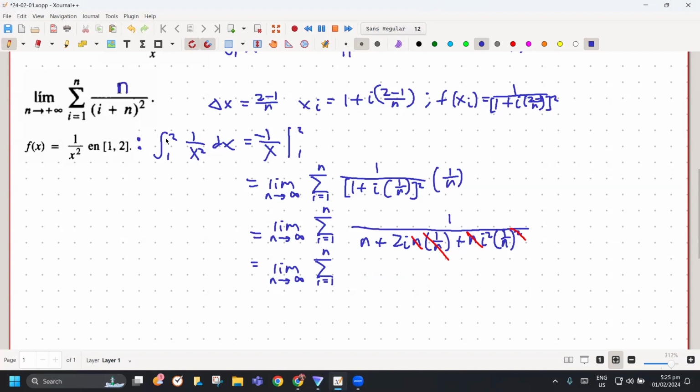So, yung denominator, or pwedeng mag-multiply ka ng n over n. So multiplied by n over n. Hindi. May mali sa algebra mo.